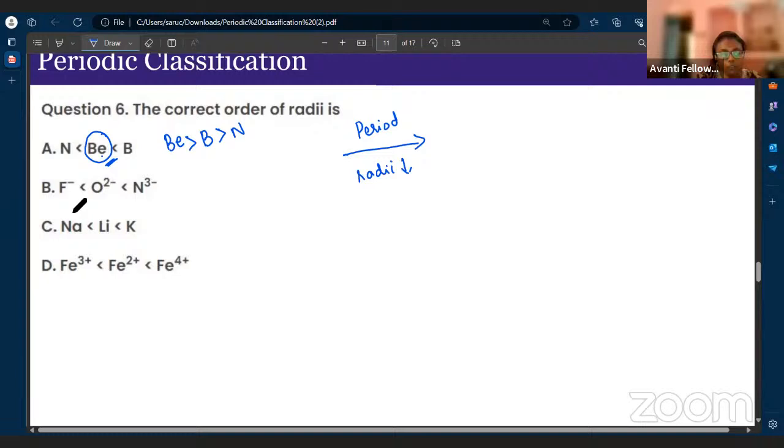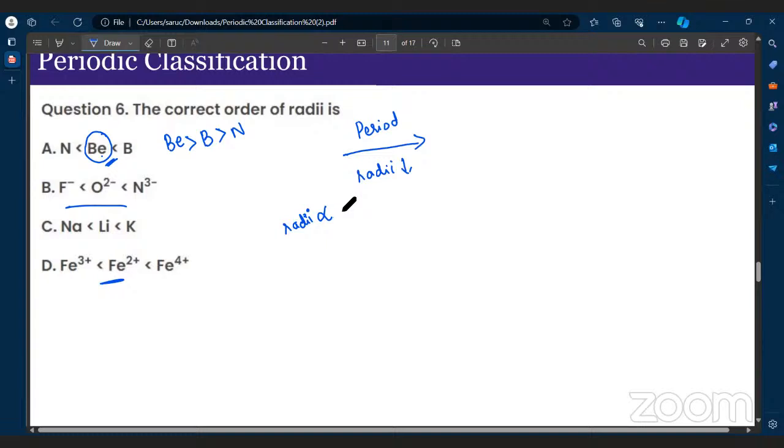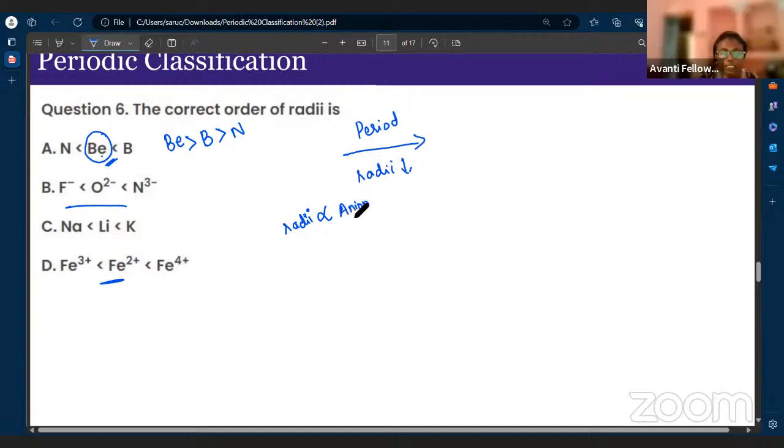Now you have charged species. So we know that the radius is directly proportional to charge. Which charge? Anion, like negative charge. As the anionic size increases, the radius will increase, and the opposite for cation.